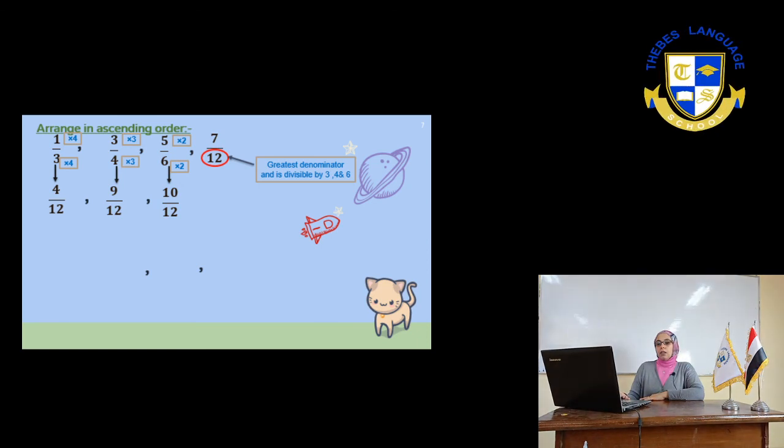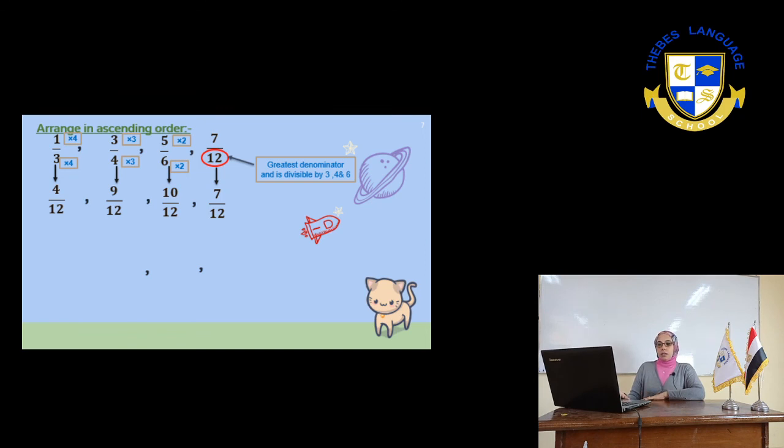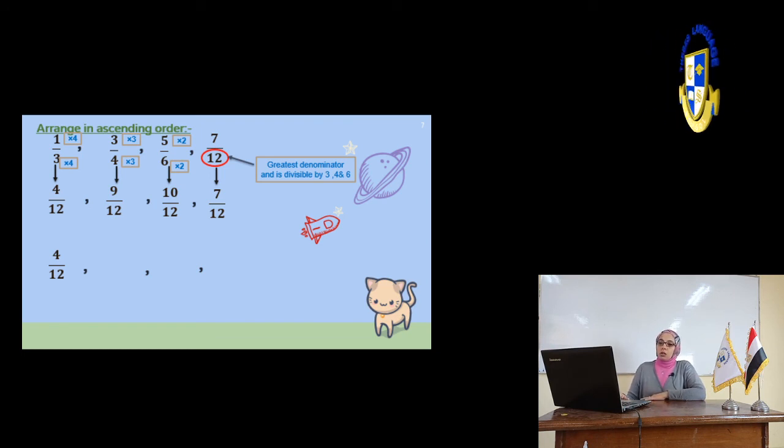Okay. Now, if I want to arrange in ascending order, write the smallest at first. Which is the smallest? Arrange by the numerator. 4 is the smallest, so 4 over 12, and then 7 over 12, 9 over 12. The last one will be 10 over 12.